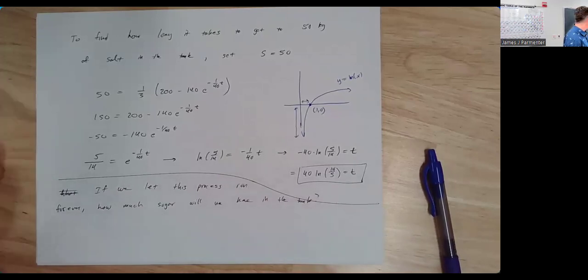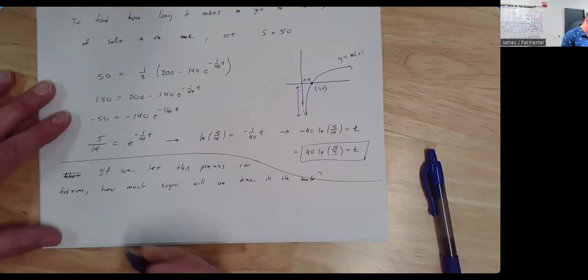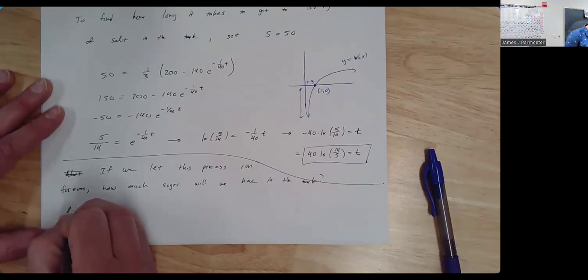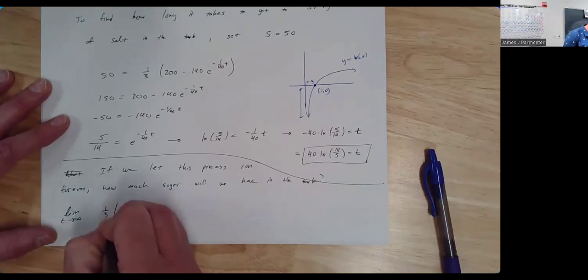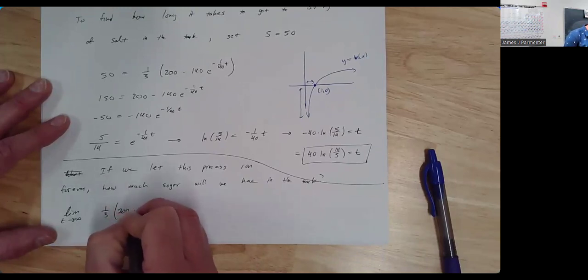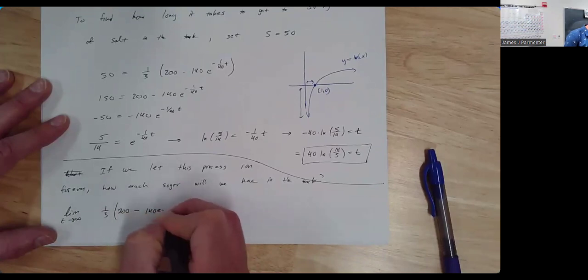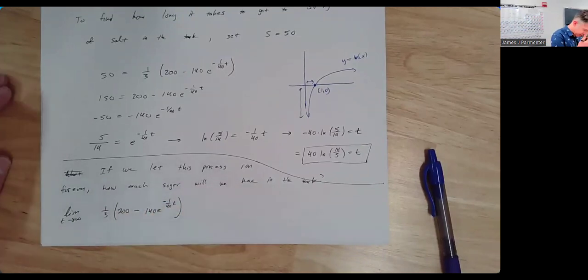Which is just kind of a long-winded way of saying, what's the limit as t goes to infinity of this solution to the differential equation? So we take the limit as t goes to infinity of our expression, which was 1/3 times 200 minus 140 e to the negative 1/40t. Okay, help me out.